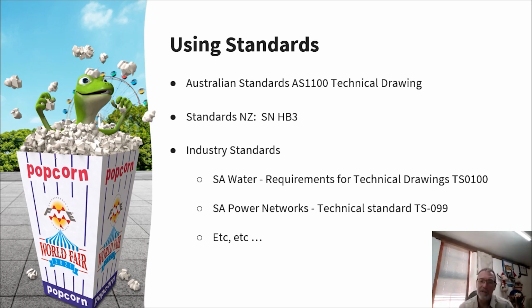SA Power Networks, using a similar terminology for a technical standard, TS099. And it just goes on. Almost any entity that is accepting a drawing, whether that be a CAD drawn drawing or a printed version of it, or an electronic version of it, will have a standard.